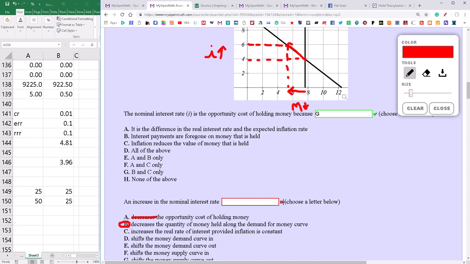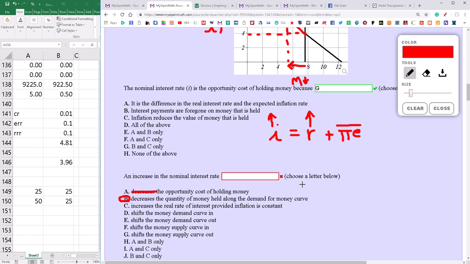Increases the real rate of interest. So remember ceteris paribus, the Fisher effect. So if we hold this constant and the nominal rate of interest rises, then for this equation to hold, that has to rise too. Okay.